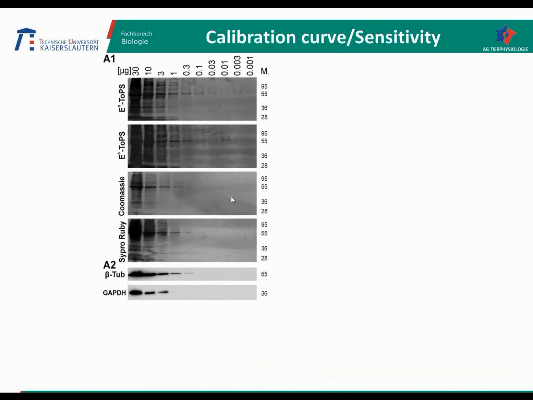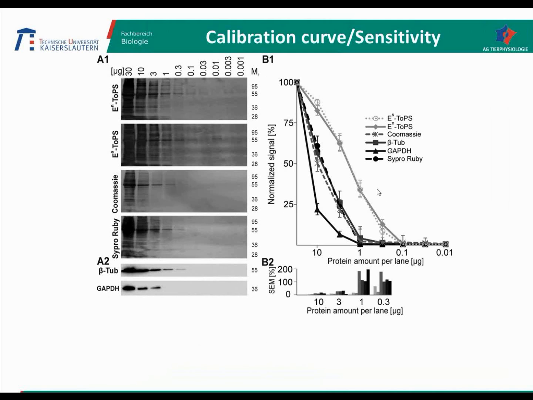This was not only seen in this n=1 approach. We did it several times, of course, and made a graph and made statistics. And also over these several blots, it became apparent that you see it here, that the dynamic range of the epicoquinone-based stainings, here in the light green, is broader in terms of the protein amount that is loaded compared to the other stainings.